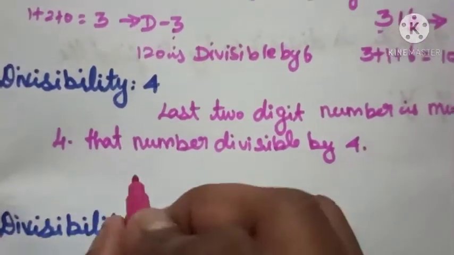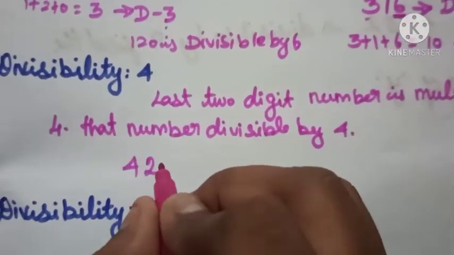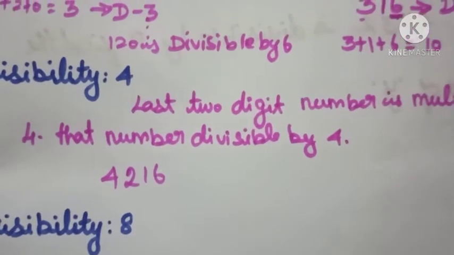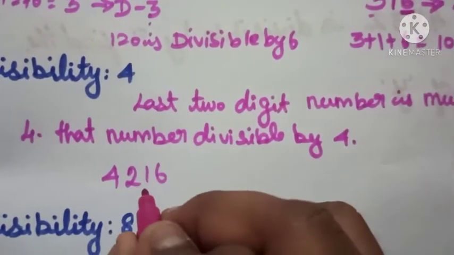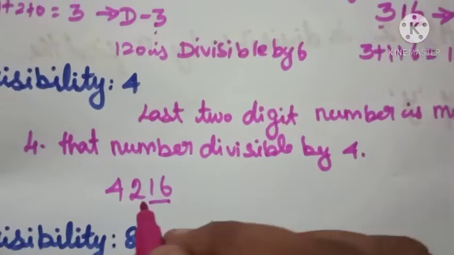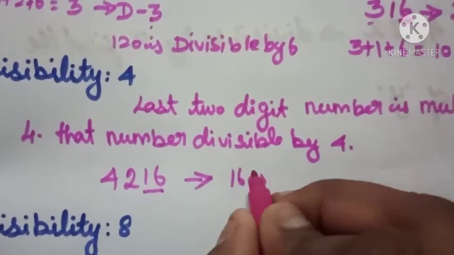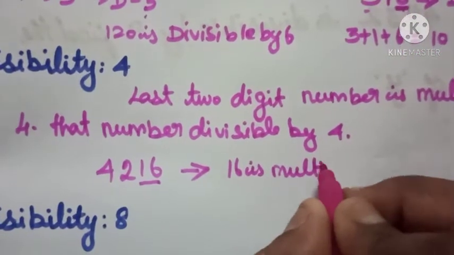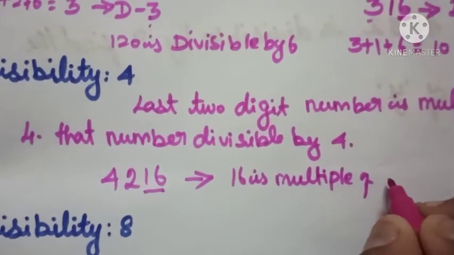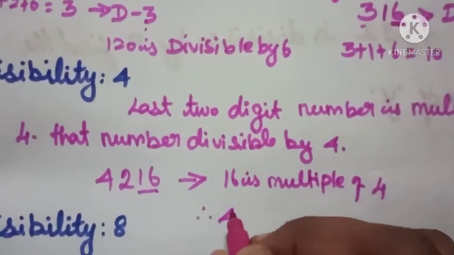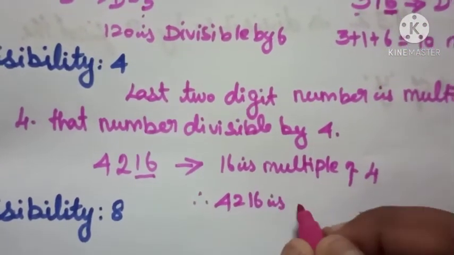For example, 4216. You can see the last 2 digits are 16. 16 is a multiple of 4. Therefore, 4216 is divisible by 4.